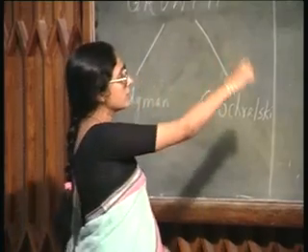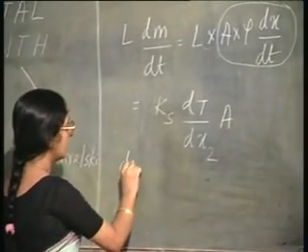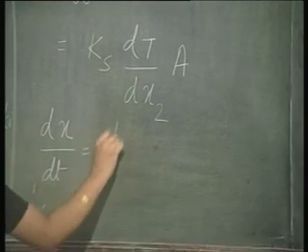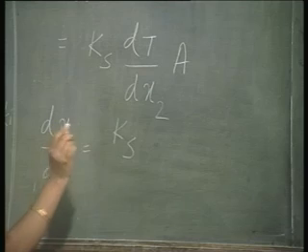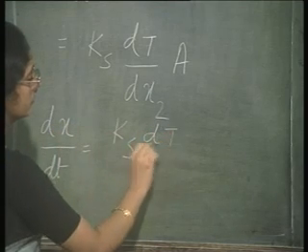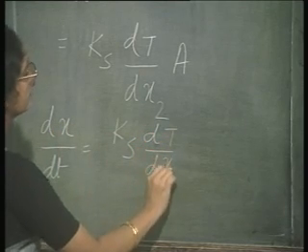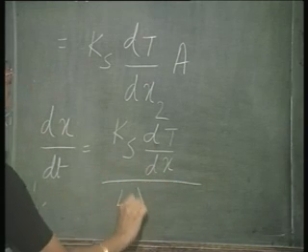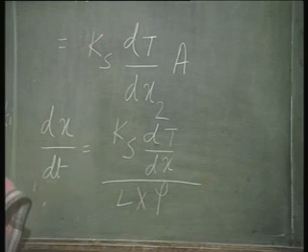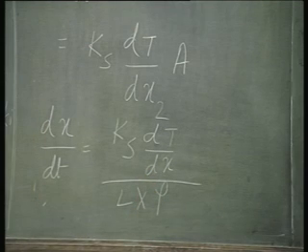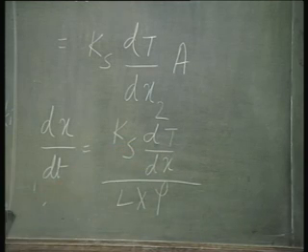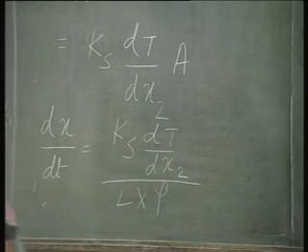So, from this equation I can say that dx/dt equals Ks by L times rho times dT/dx, it dx2 if you so prefer.